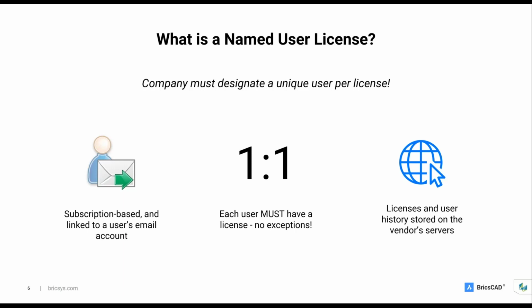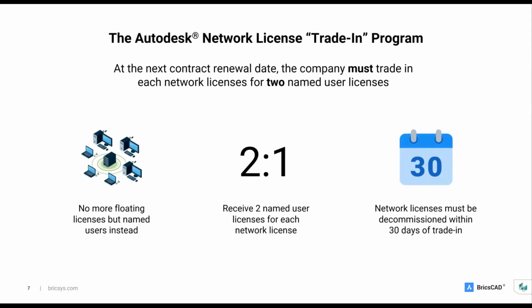Yeah, it's kind of like the old adage, you can pay me now or you can pay me later, right? Right. So we're hearing about a license trade-in program. Robert, what's the deal on that? So what's going to happen is Autodesk is not going to support network licensing anymore. This means that your network licenses are going to have to be traded in, and you will then go to a named user mode of licensing control.